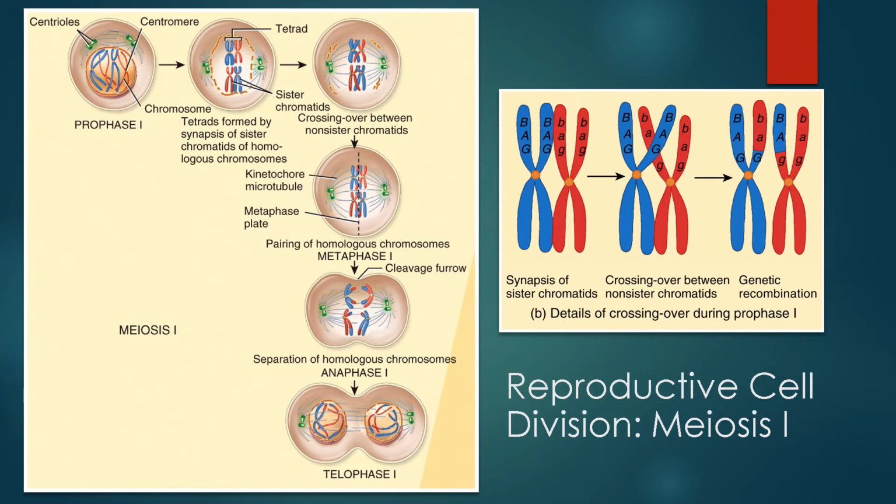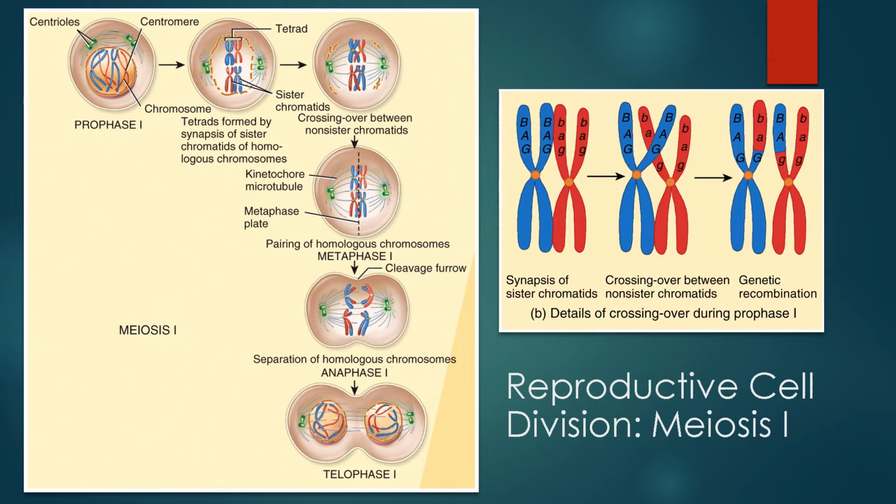Reproductive cell division produces gametes, so these are sperm and ovum, and each of these contains a single set of 23 chromosomes. Fertilization of the two gametes, one sperm and one ovum, will restore the diploid number of chromosomes. Now, unlike mitosis, which is complete after a single round, meiosis has two successive stages, meiosis 1 and meiosis 2.